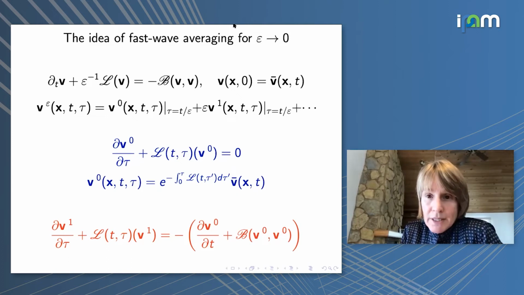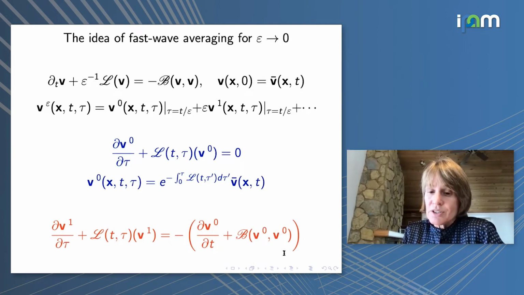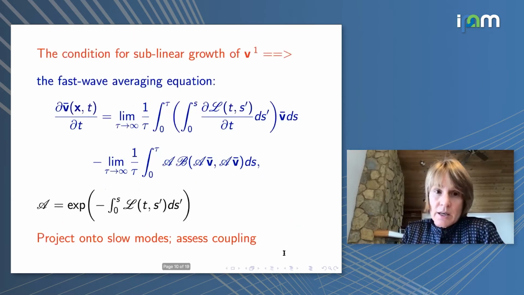Again, we can use an integrating factor to solve this, but we remember that we want to preserve the ordering of the expansion. And so there is a constraint on this equation to disallow secular growth in time. When we apply the condition for sublinear growth of V1, that gives what's known as the fast wave averaging equation.